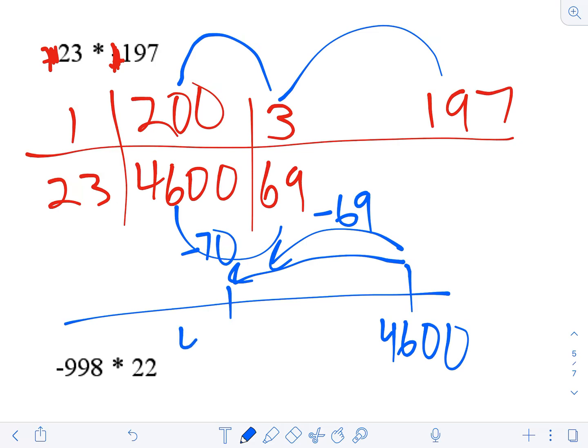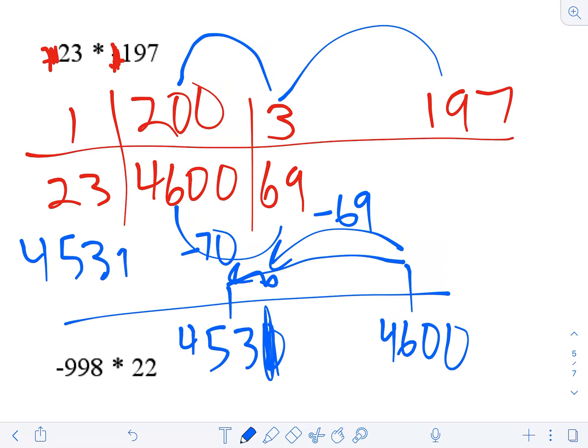That would be 4,530. Now let's add 1. Then that's like minusing 69. So 4,531. And it's positive. So that's my answer, 4,531. That's what 23 times 197 is.